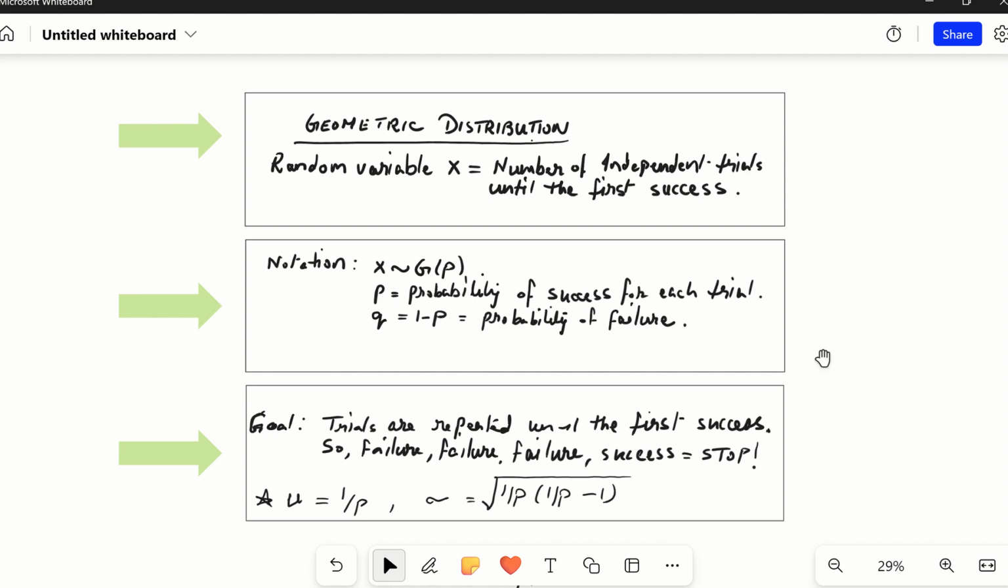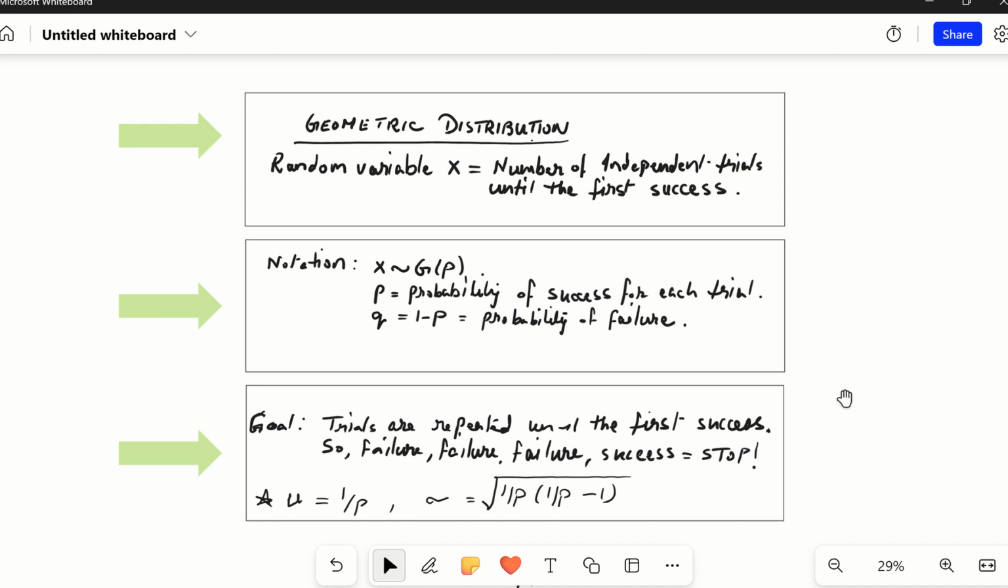Notation for the random variable is G with the probability p of success, G for geometric, and then the probability of failure is given by 1 minus p, such that p plus q would equal 1. The trials are repeated until the very first success. So you have failure, maybe many times, and once you get that success, you stop.